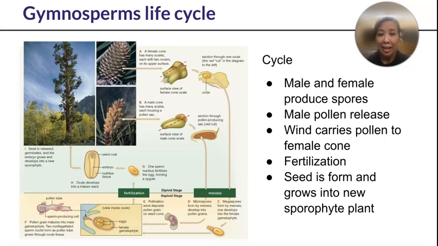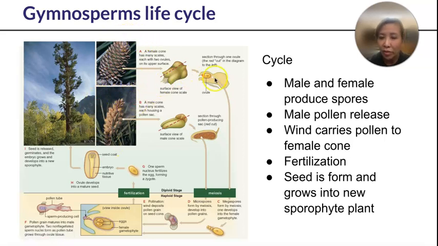So let's look at the life cycle on this illustration, just to go over it again. As we have seen already, we have both the female ovule as well as the male gametophyte, which is the pollen grain on the cone surfaces. So here's the female cone, and here you have the male cone.